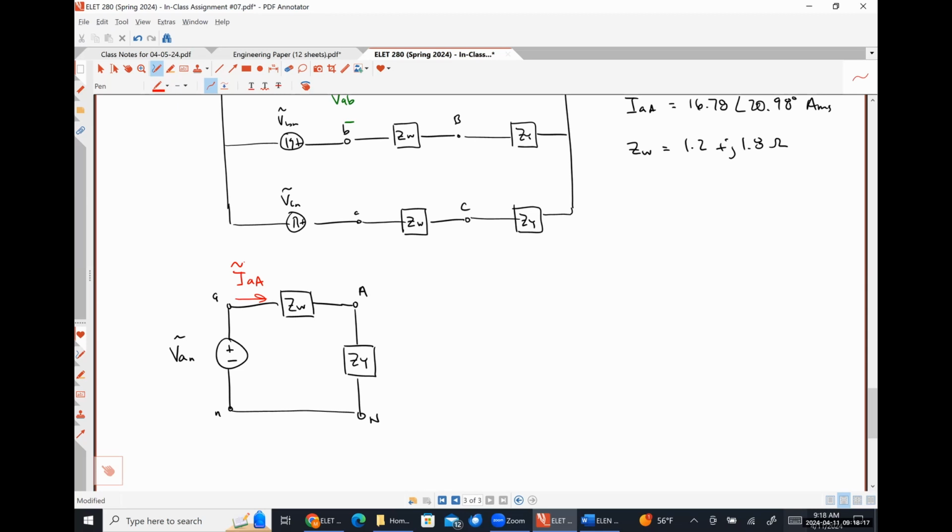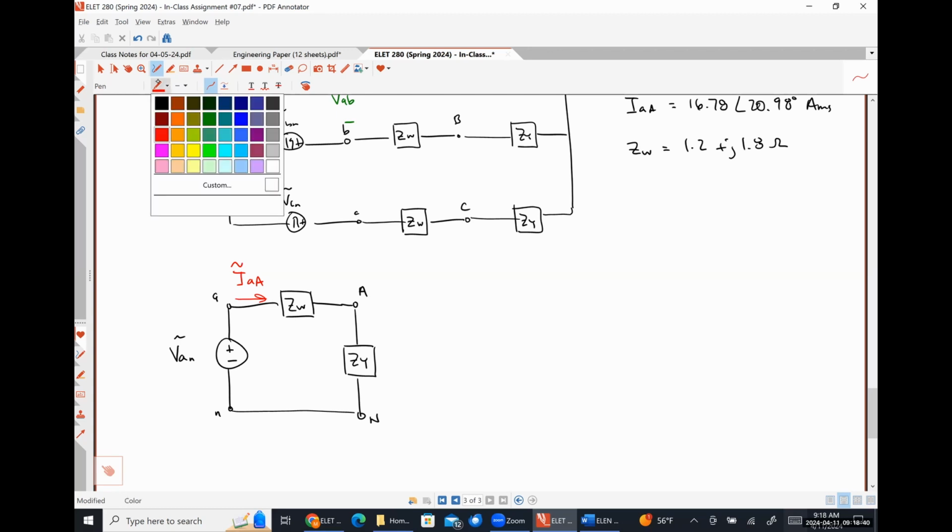So let's think about some things here really quickly, okay? The ultimate goal of this particular problem is for us to determine the impedance ZY. Impedance, hopefully you guys remember this, is fundamentally just the ratio of a voltage drop across some network divided by the current flowing through that network, right?